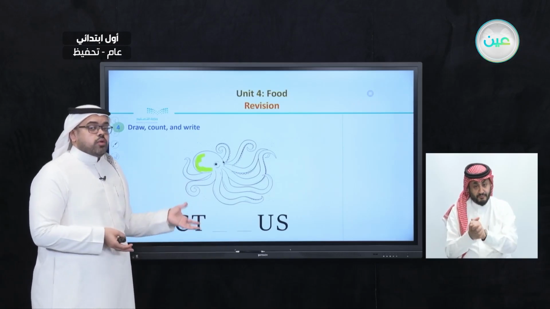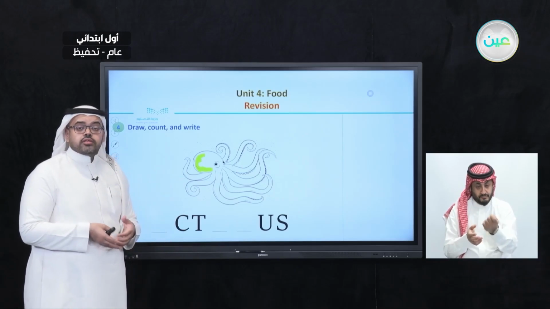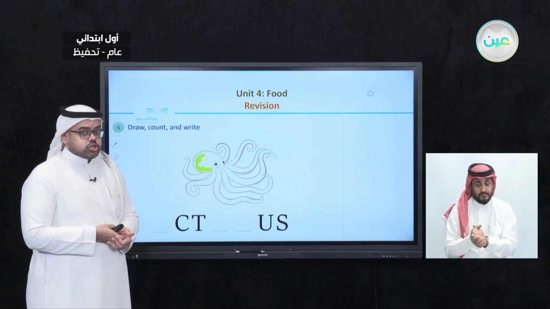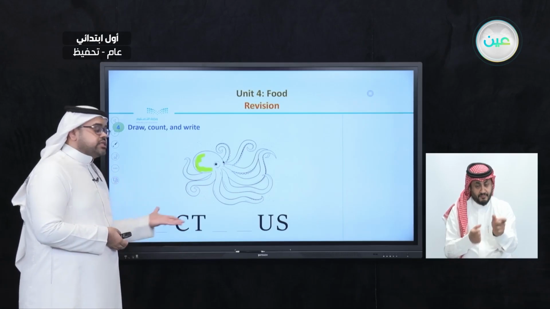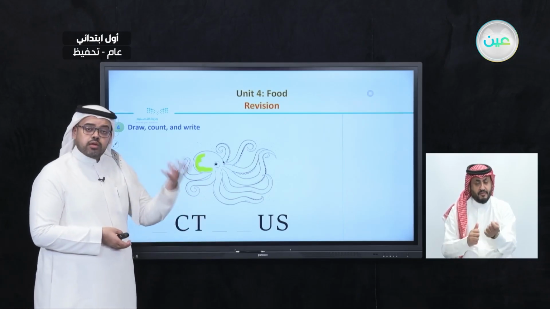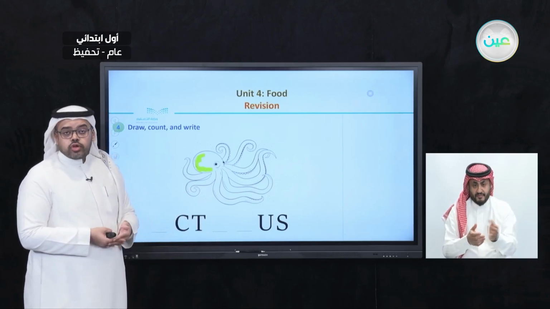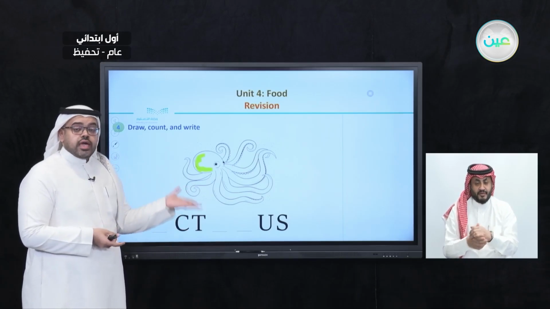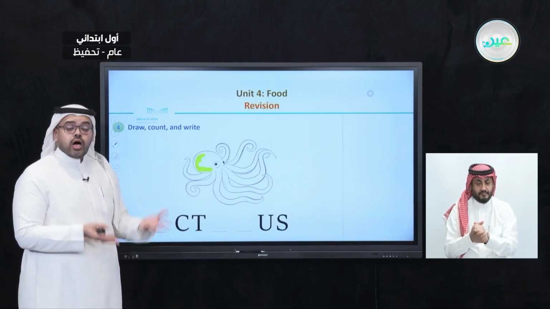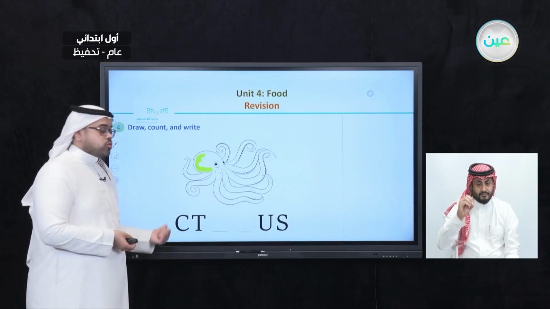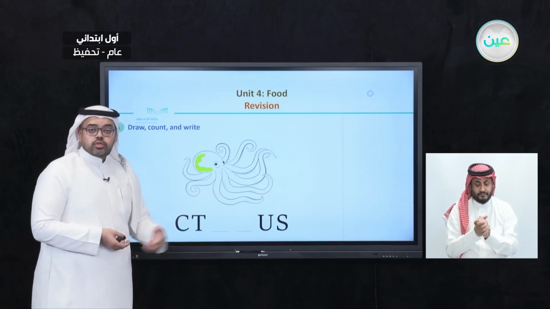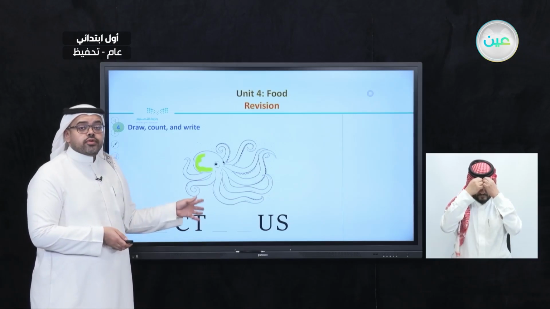After we finish drawing and counting, we said that we have one thing left, which is to try to write down the missing letters so we can memorize and never forget the name of this animal, which is octopus.